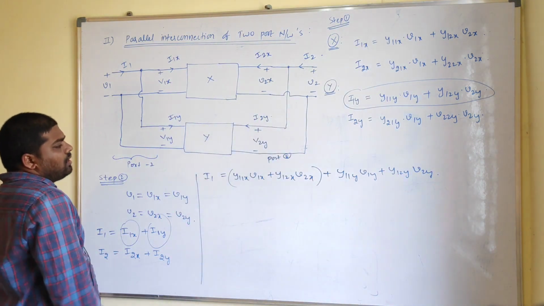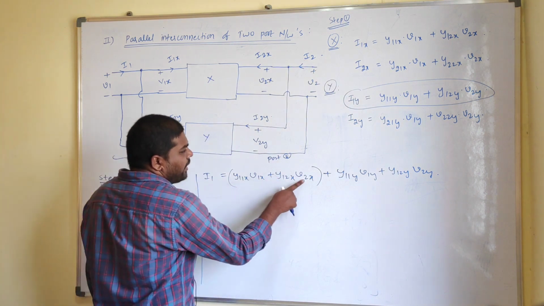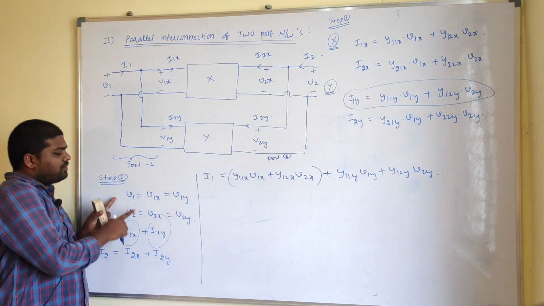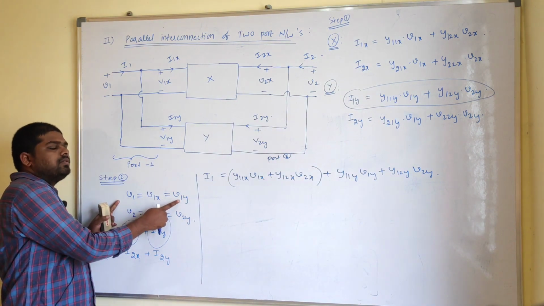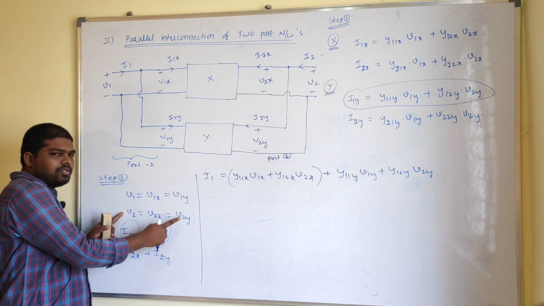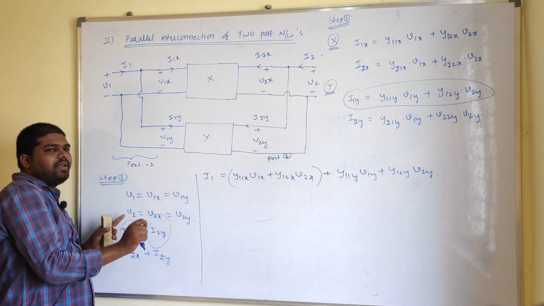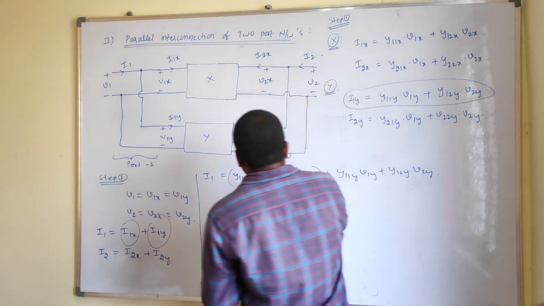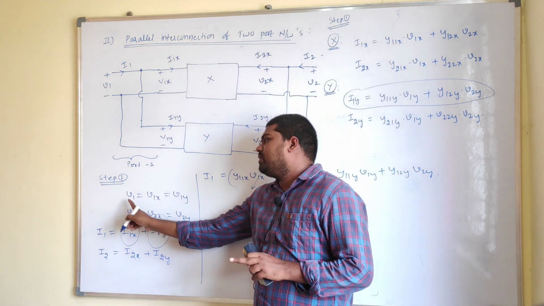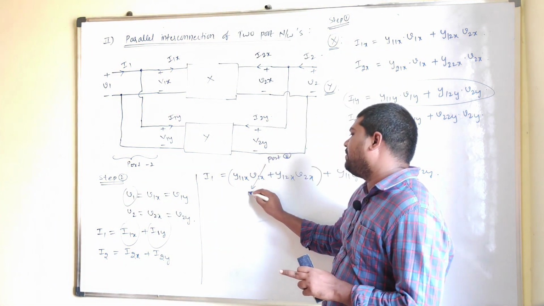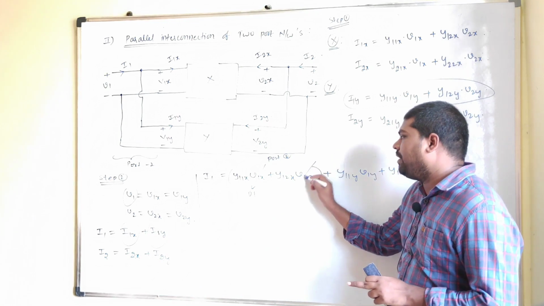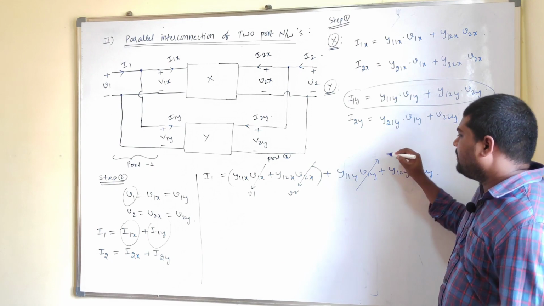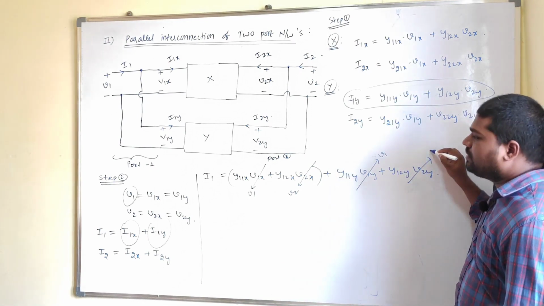Now we have V1x, V2x, V1y and V2y. You can observe here that V1 equals V1x equals V1y, and V2 equals V2x equals V2y. So all the voltage variables can be replaced with V1 and V2. V1x and V1y can be replaced with V1, and V2x and V2y can be replaced with V2.